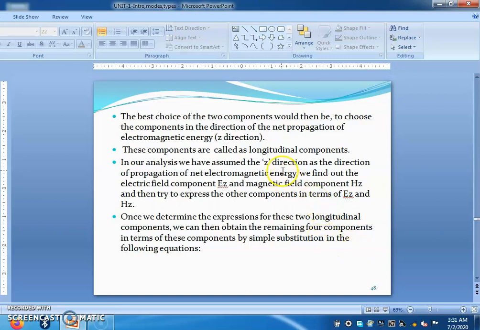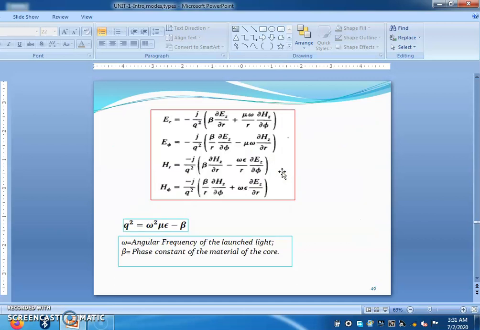So we have taken the z direction as the direction of propagation of electromagnetic energy. So we are going to find the Ez component and Hz component, and the remaining components will be expressed in terms of Ez and Hz. After finding the two longitudinal components, I will obtain the remaining four components by simple substitution.